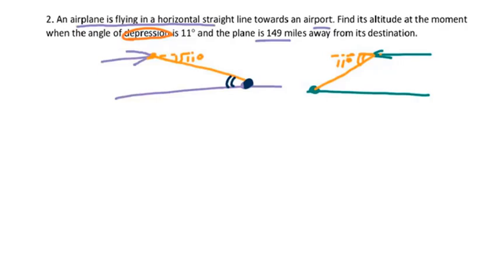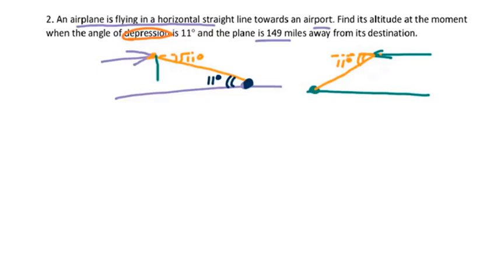Depression angle and elevation angle will be equal to each other. If you learned geometry, you could see these two angles are called alternate interior angles. That's the reason why these two angles are equal. So when you have a depression angle, normally we switch into an elevation angle to work that out.